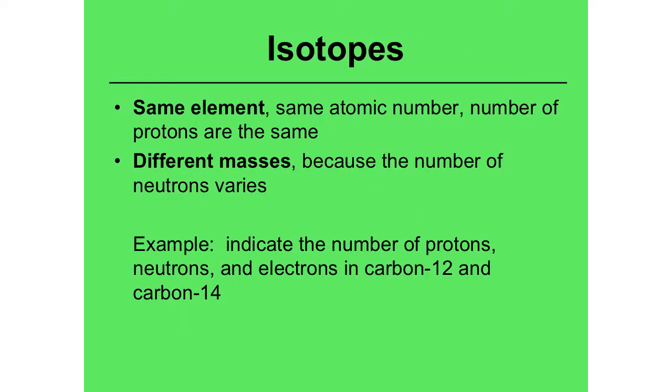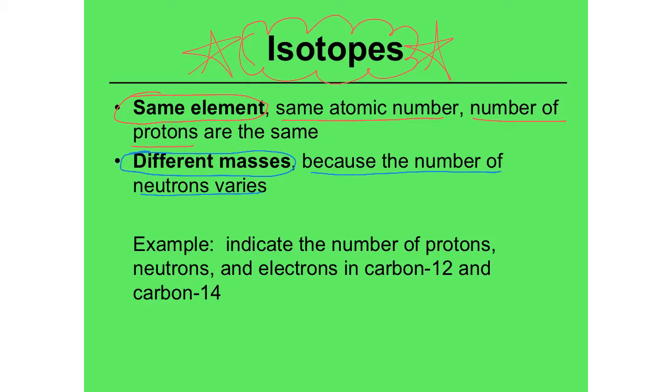All right, so now we have isotopes. This is a big vocab word for us, so we need to know what an isotope is. An isotope is when we have the same element, therefore we will have the same atomic number, which would give us the same number of protons, but they have a different mass because the number of neutrons is different.